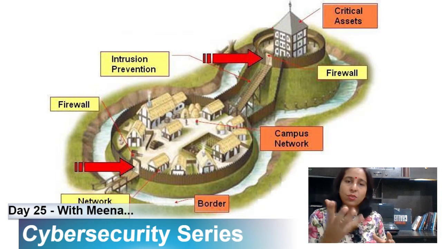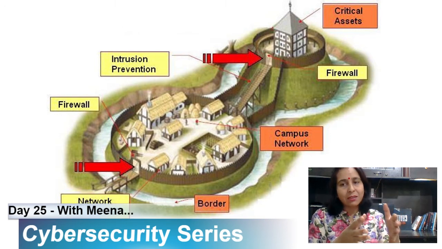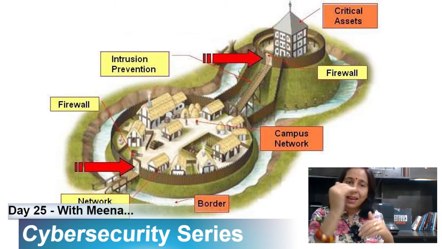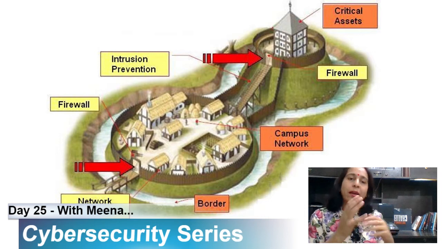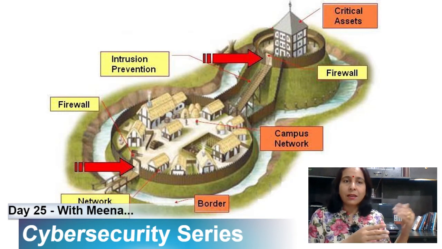Clear? As you can see in this diagram, when somebody enters, there are some firewalls, and inside the network, when they get entry and want to access the resources inside the network, they need to pass through the network security management.